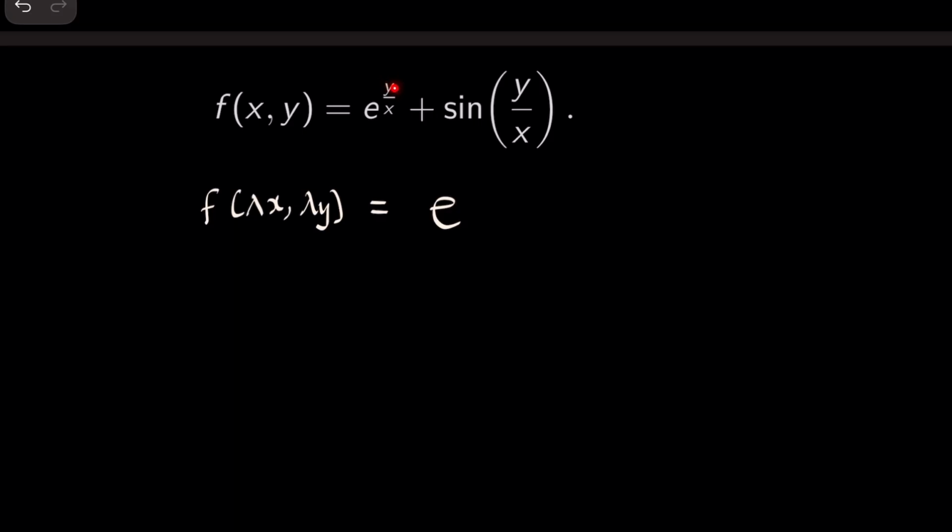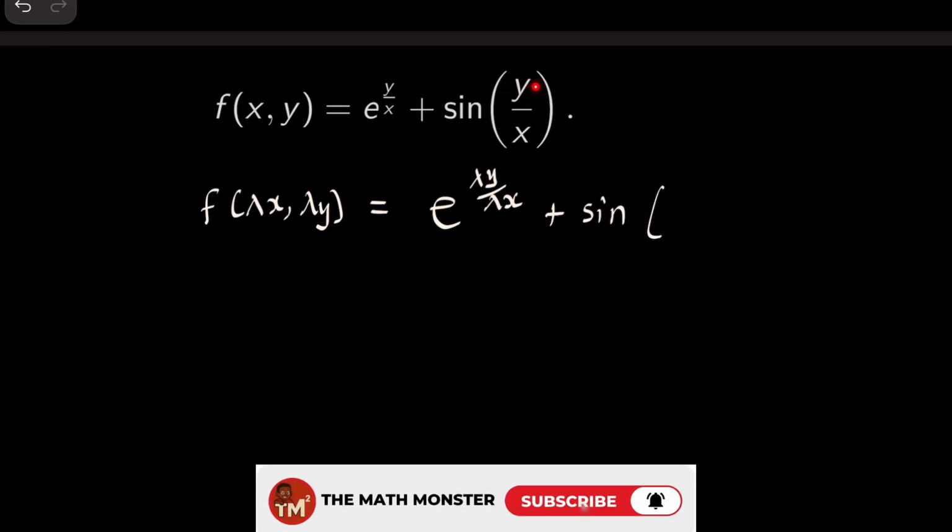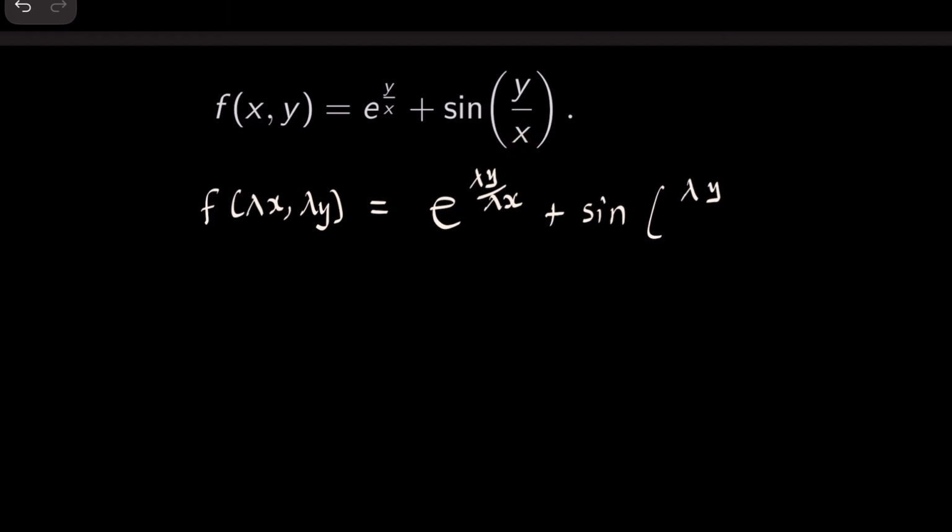So in place of y, we write lambda y, and in place of x, we write lambda x. That gives e exponent lambda y on lambda x plus sine of lambda y on lambda x.